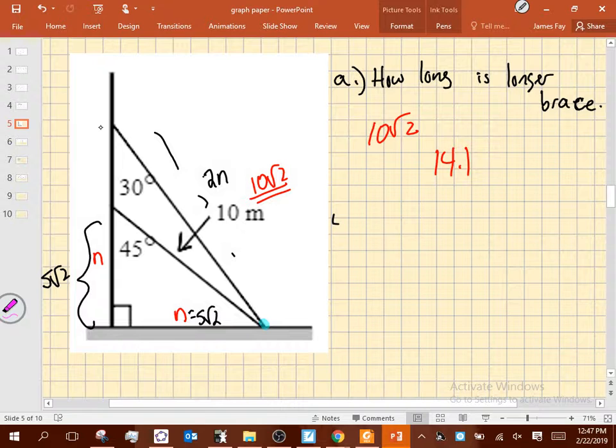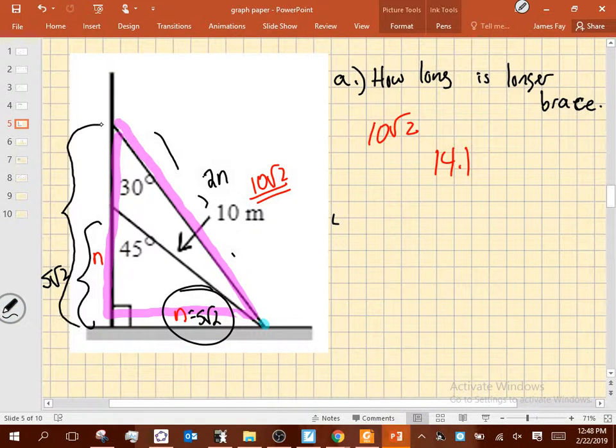Don't we know in this 30, 60, 90 triangle, which would be that overall triangle, if 5 radical 2 is n, doesn't this side here have to be n radical 3? Across from 60 is always n radical 3.